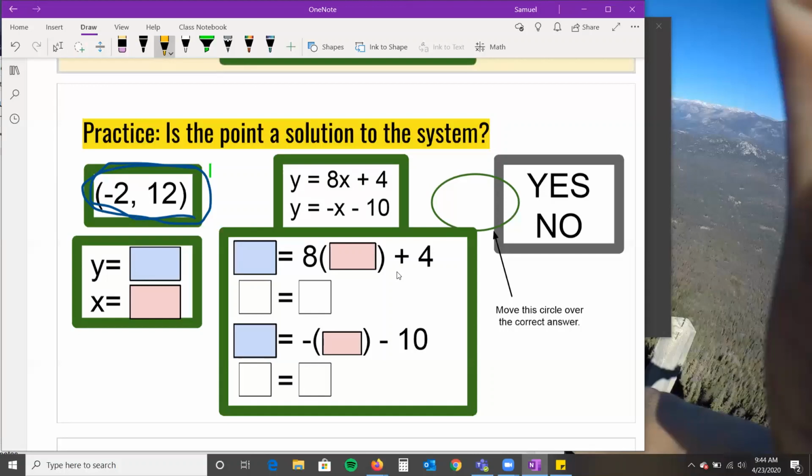Okay, I've got a no. Good. What about Emmett, Edna, what do you guys think? You think no as well? Okay.